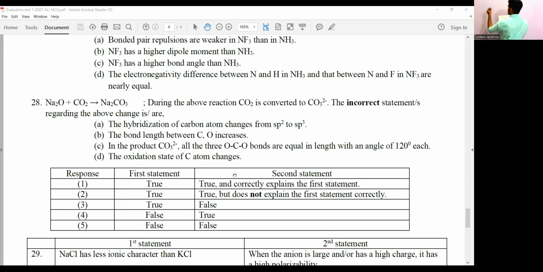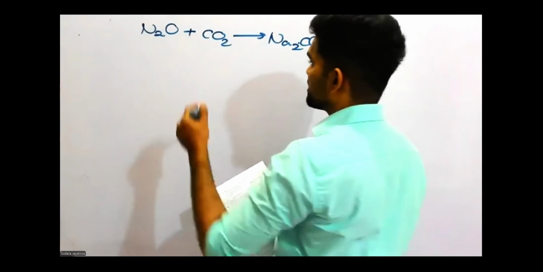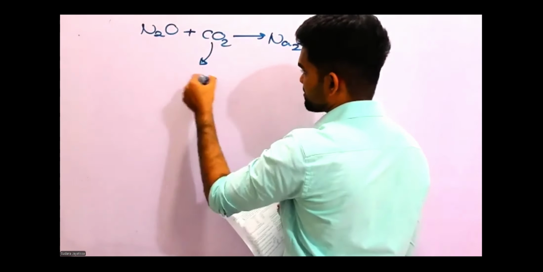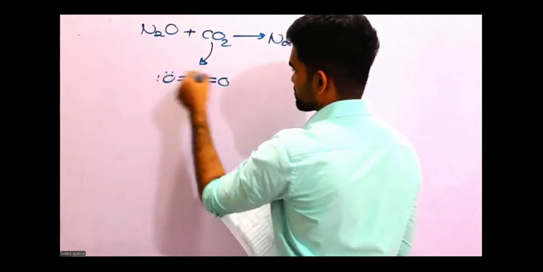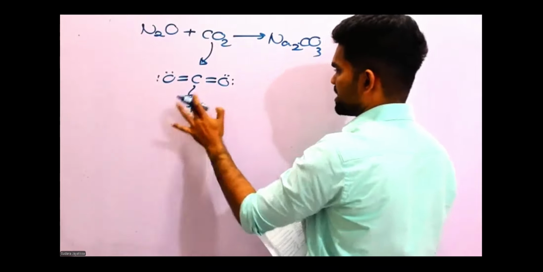Okay, 28. CO2 goes to Na2CO3. So during this reaction, carbon dioxide is converted to carbonate. The incorrect statements, that's what they're asking, okay? So hybridization of carbon atoms change from sp2 to sp3. So carbon dioxide, this one is sp hybridized.